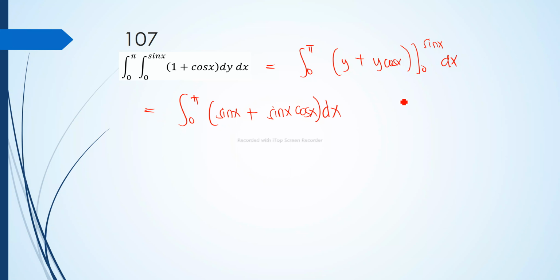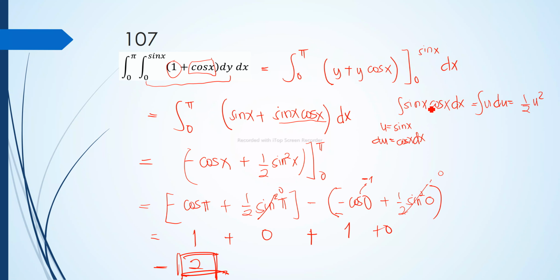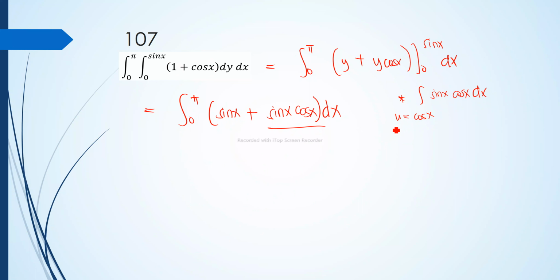Now, for the sine x cosine x dx, what if we let u be cosine x? Previously, our u was sine x. What if our u is cosine x? Then du is negative sine x dx.